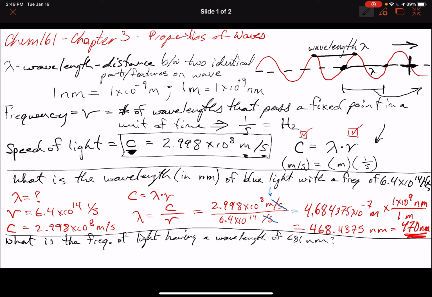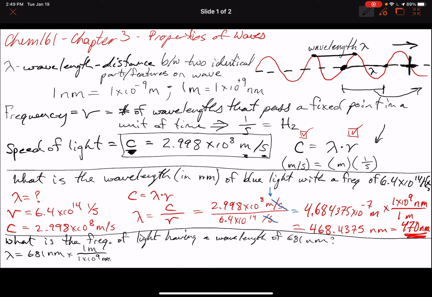Okay, so we'll start by converting the wavelength information, 681 nanometers. We'll go into meters. That is a requirement for using our equation. So 1 meter has 1 times 10 to the 9 nanometers.